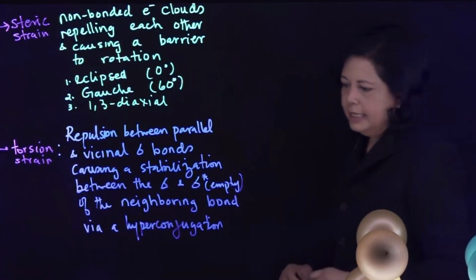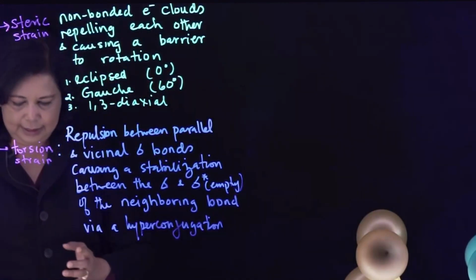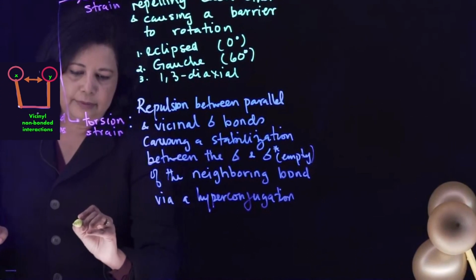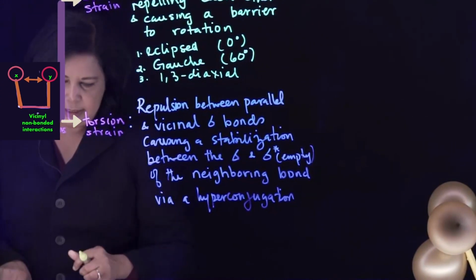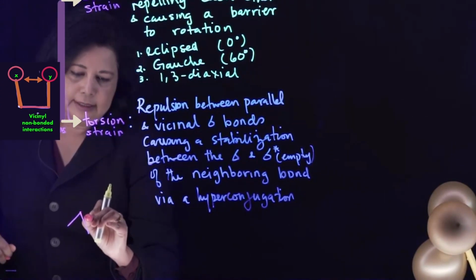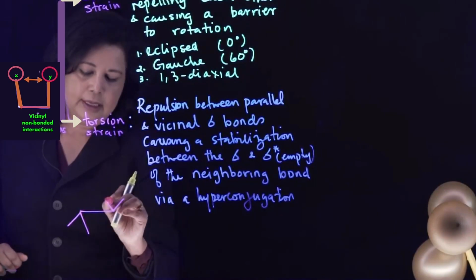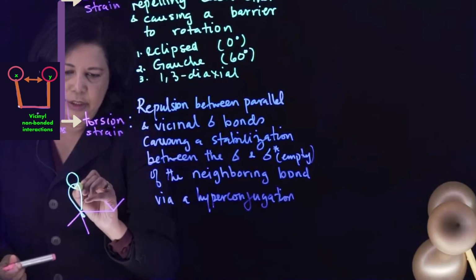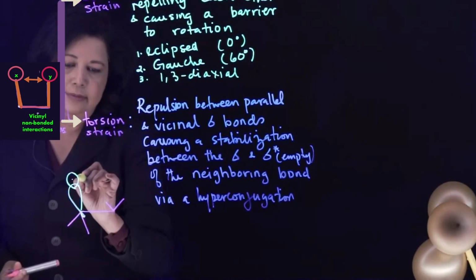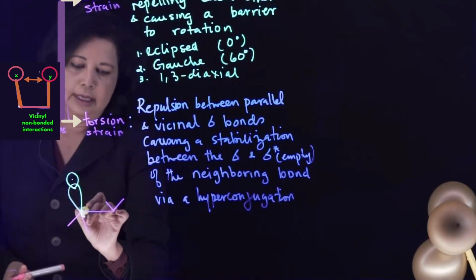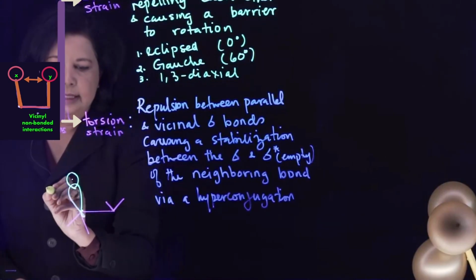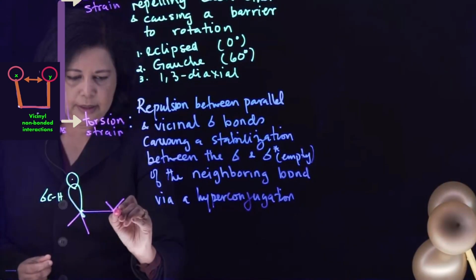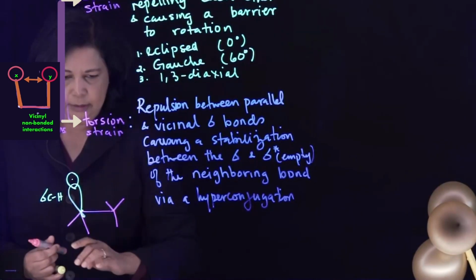Let's look at some examples. I'm going to draw these out just because it's kind of a new concept. So here is your, let's say this is your molecule here, and you have a sigma bond here, sigma CH. This is just nothing but electron density with a little bit of a proton here and some protons here, sigma CH. And here, this bond here has got a sigma star.